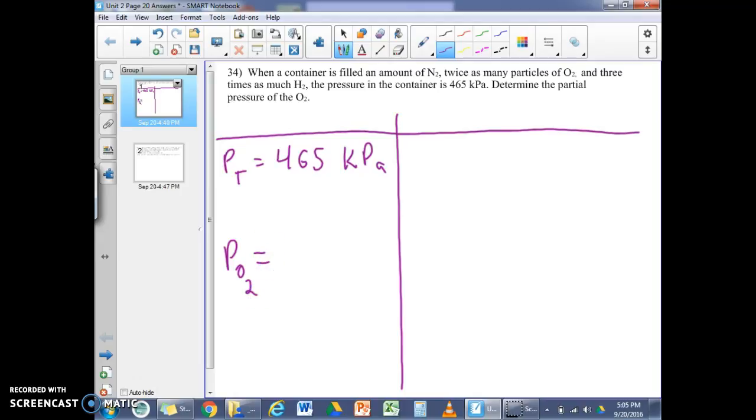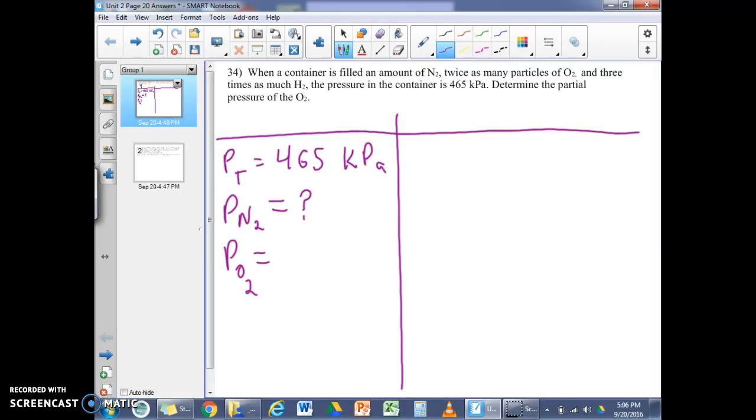And at this point, I don't know what the pressure of the oxygen is, but it gives me some information about my oxygen molecules compared to my nitrogen and hydrogen. Now, the problem does not tell me how much nitrogen I have, nor do I know what the pressure of the nitrogen is, so that's a big question mark.